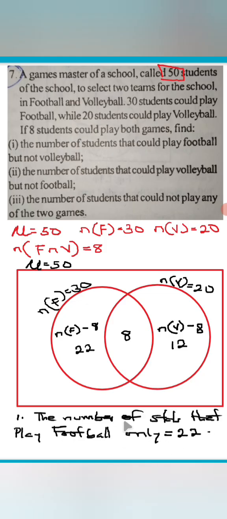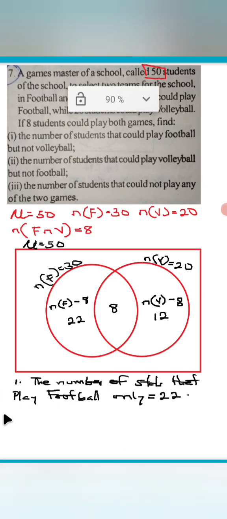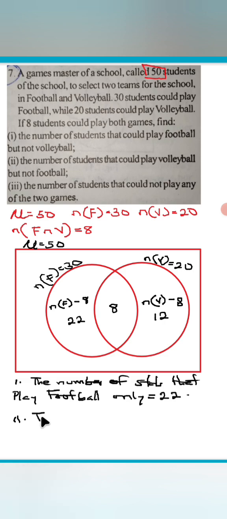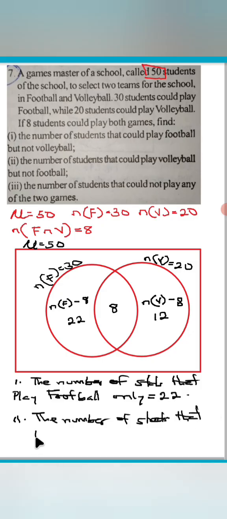Now next, Roman figure 2, the number of students that play volleyball only. So this is going to be 12.